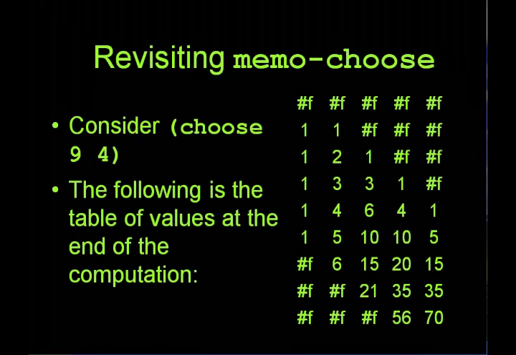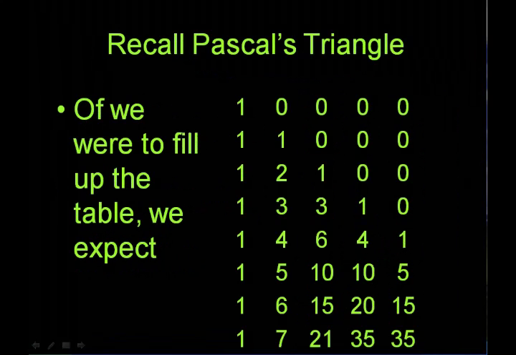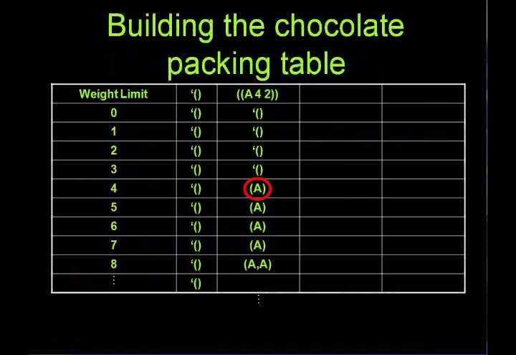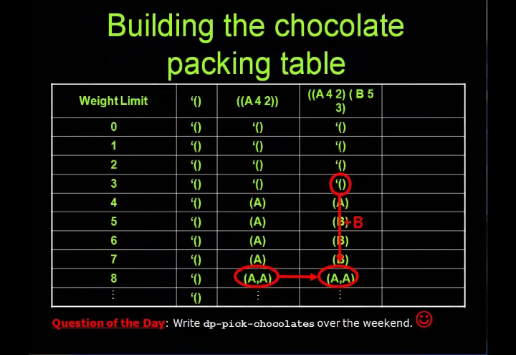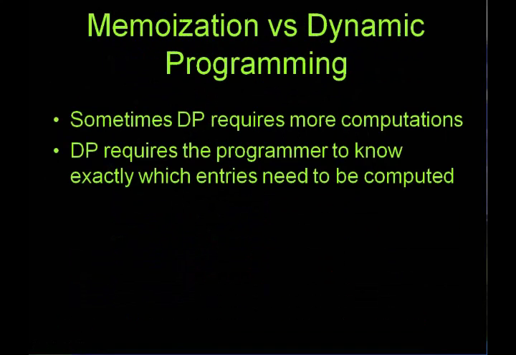But if you do DP for this, you end up filling everything because you don't know what to fill. So in that sense, DP you may end up filling more entries in the table. And DP requires you to know exactly what you're doing when you are filling the table. You must know exactly how you go and how you compute, because the table can be filled in a certain way only.